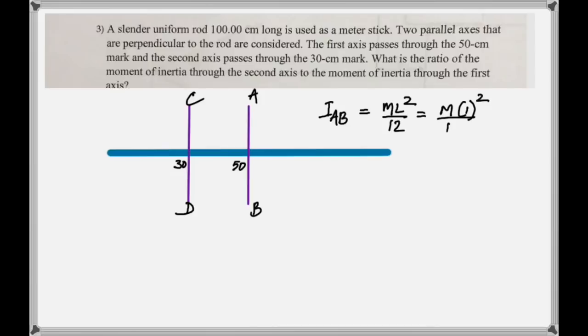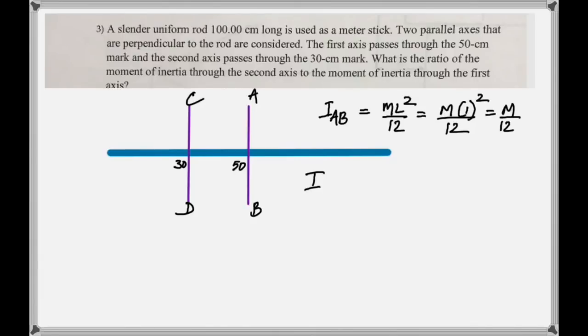And IAB for a thin rod is mass times length squared by 12, using which, as the length is 1 meter, you get mass by 12. We do not know the mass of the rod, so it will remain as m by 12.